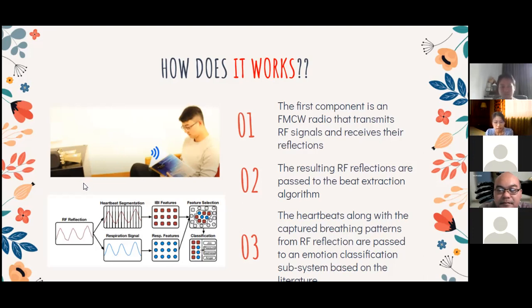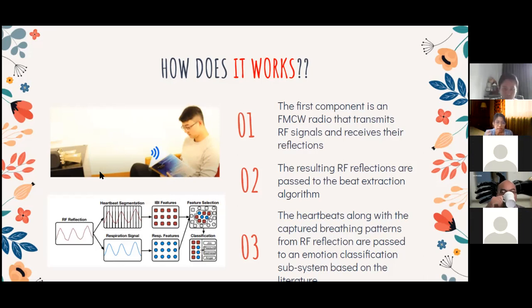After the FMCW radio transmits RF signals, which are radio frequency oscillations of an alternating electric current or voltage in electromagnetic field form, the signal reflects off the body and is caught by the FMCW radio.